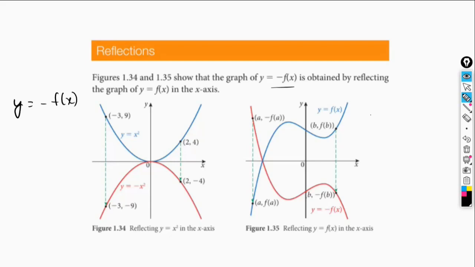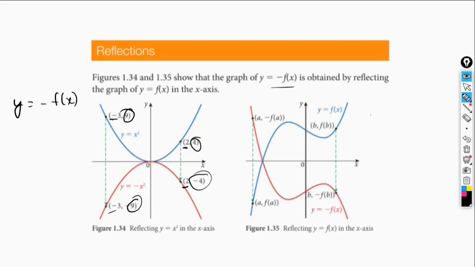So if in the original function the y coordinate was 9, for minus f of x it's going to be minus 9. Notice that the x-coordinate is not affected. So by doing that, you're going to get a reflection across the x-axis. Same for this coordinate. X is 2 here and also here, but 4 becomes minus 4, and that makes the graph reflect across the x-axis.